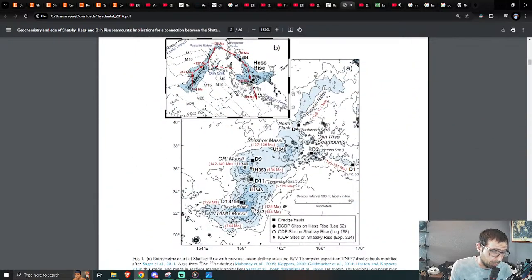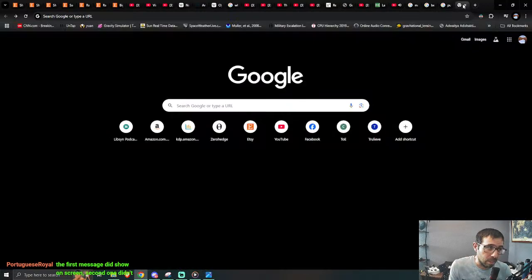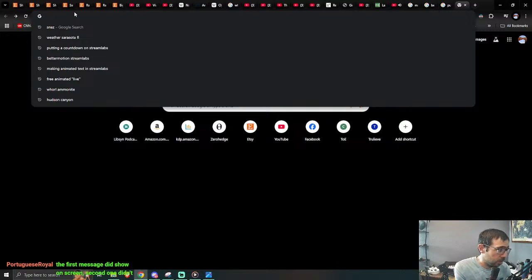They were talking about different paths. A first path goes from Shatsky Rise through Papanin Ridge up this way, and then back over here to Hess Rise, and a second one goes through Ogen Seamounts here over to Hess Rise. So those are basically the two different wave patterns.